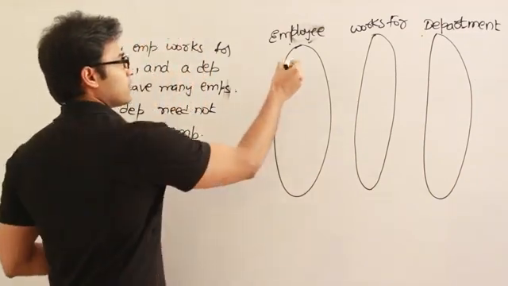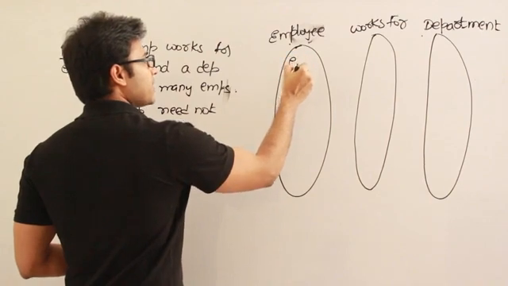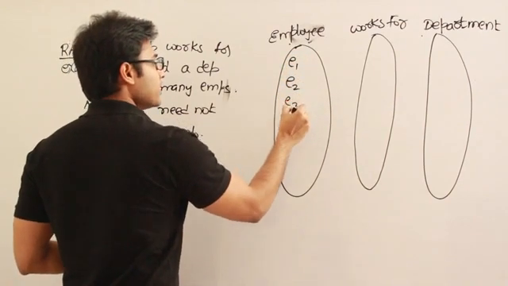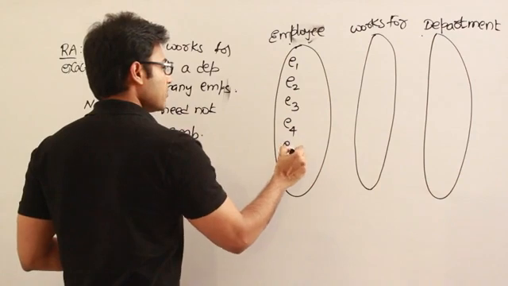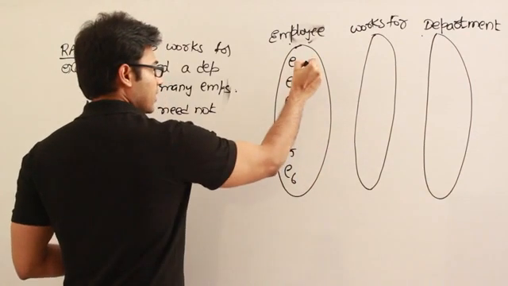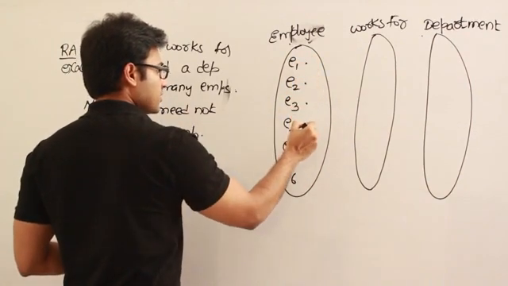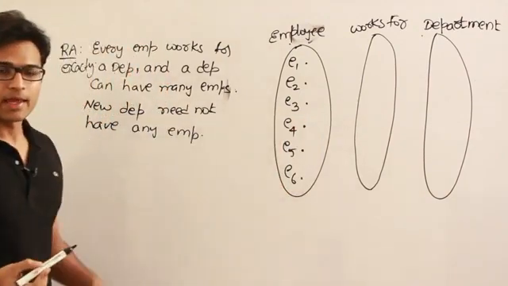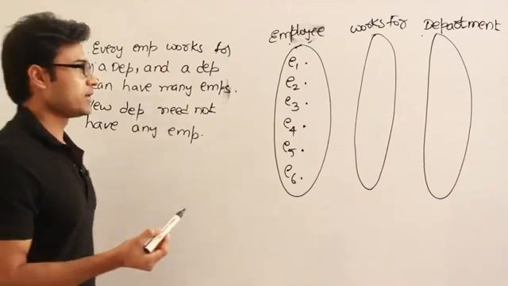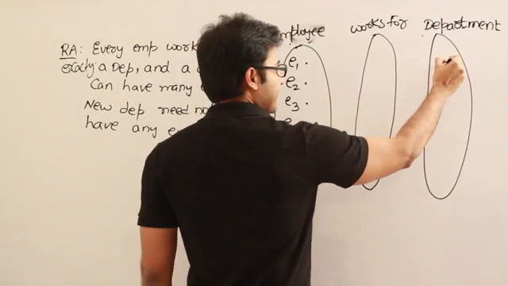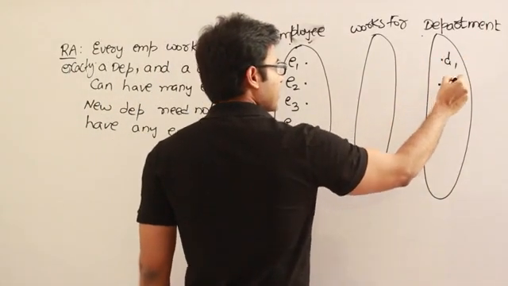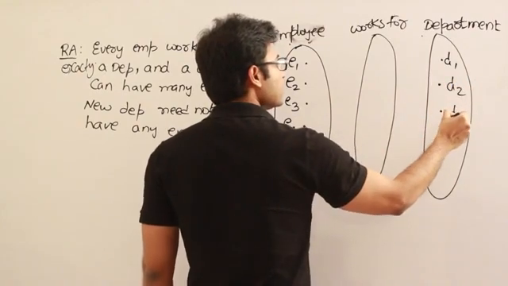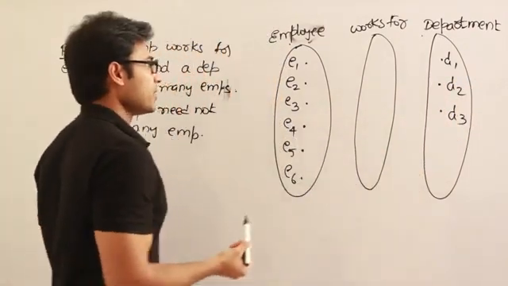Now let us say we have employees like this: E1, E2, E3, E4, E5, E6, right? Let me represent using these dots. Each dot represents an employee, right? And let us say we have various departments, D1, D2, D3, like this, okay? 3 departments.